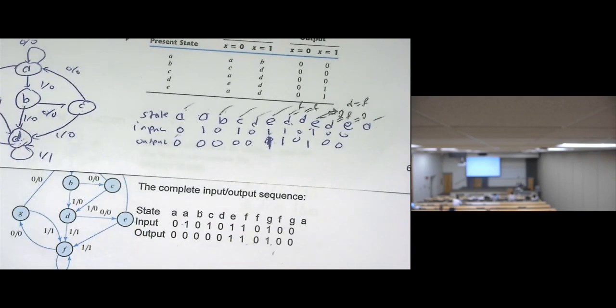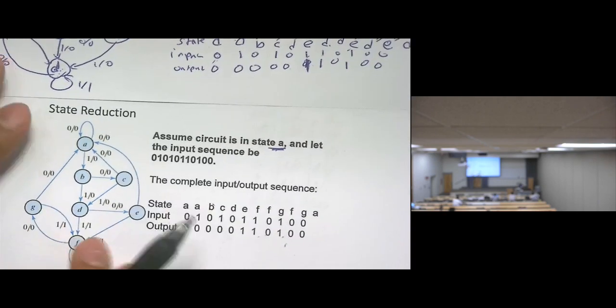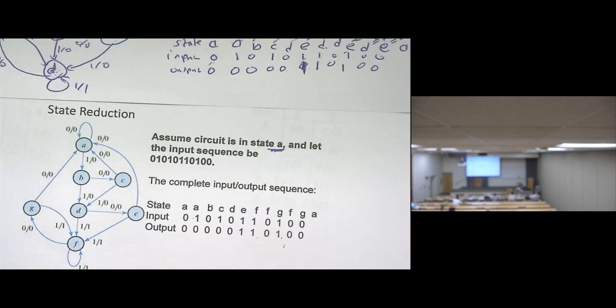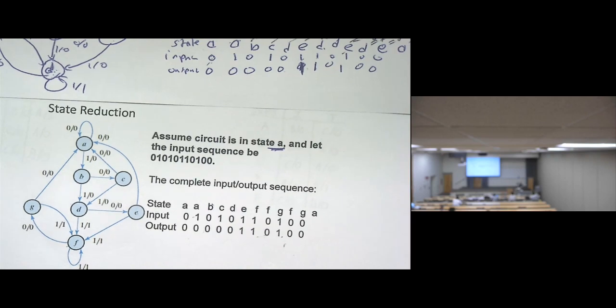So that's how state reduction works. Instead of dealing with these complicated steps, more states means more flip-flops and more complicated circuits. When I want to do the Karnaugh maps, they will be very complicated. I have 7 states, which means I need 3 flip-flops, almost 4. Then since we have 1 input, I need to make 5 state Karnaugh maps.